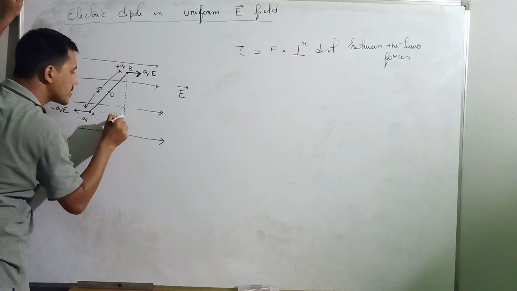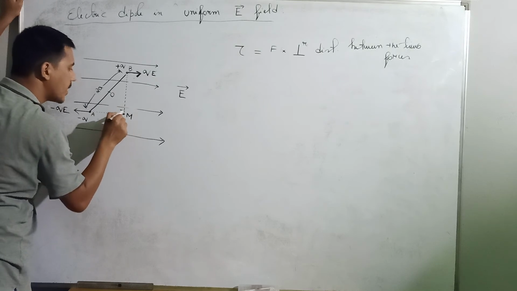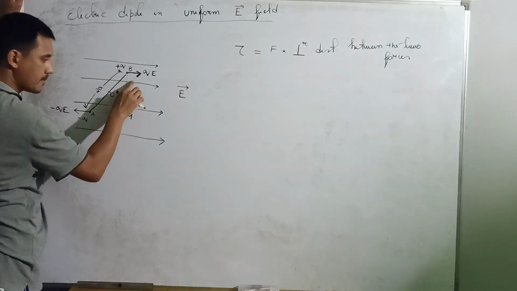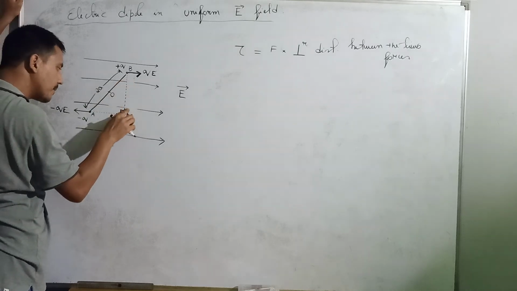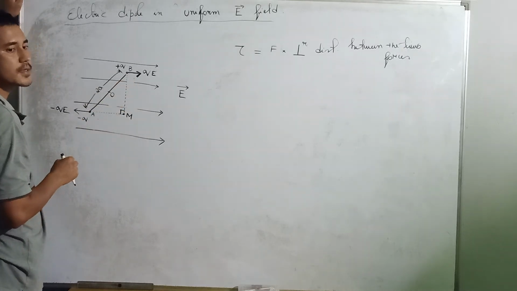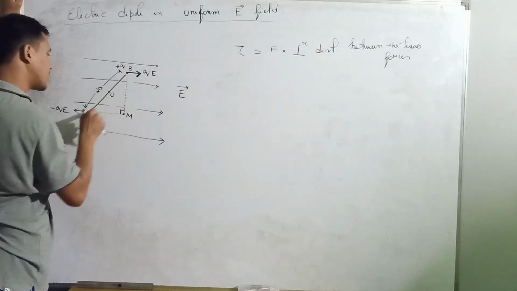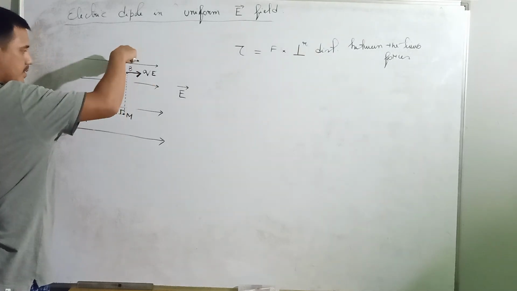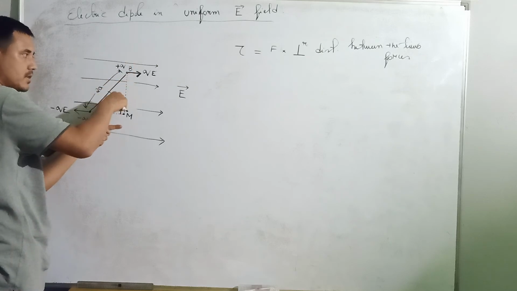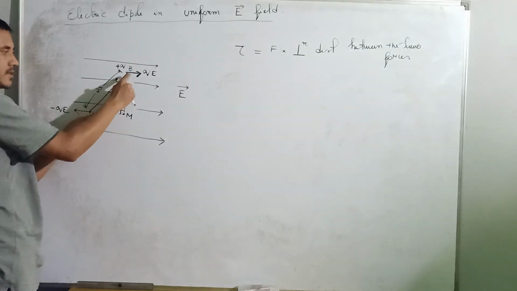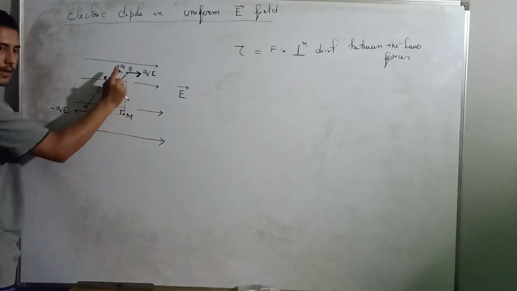I'm going to make this point as M. Here BM will be the perpendicular distance between the forces. This is one force, this is another force, and the perpendicular distance between the two forces will be given by BM.